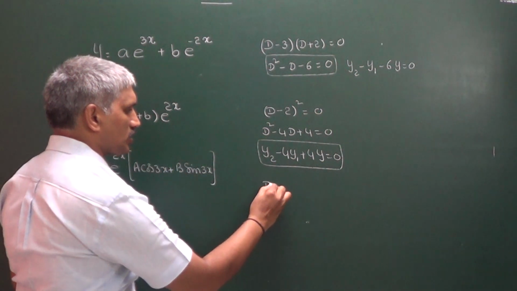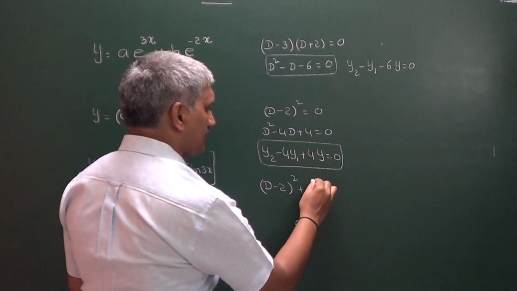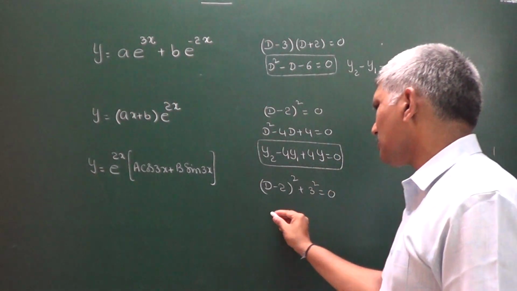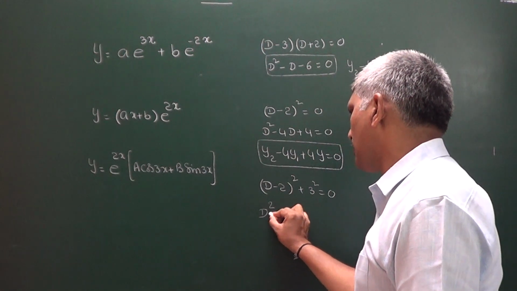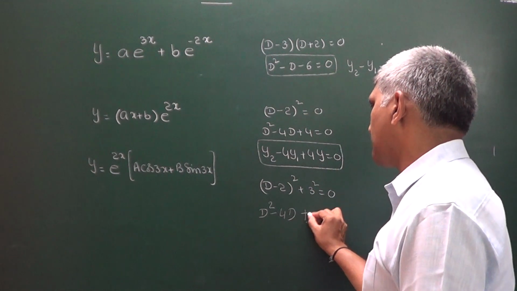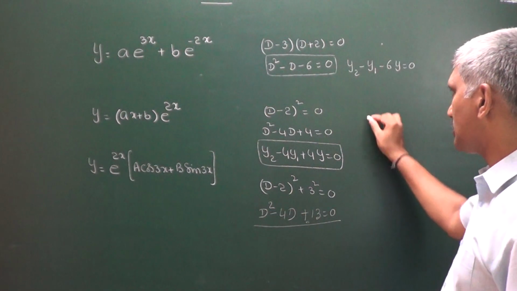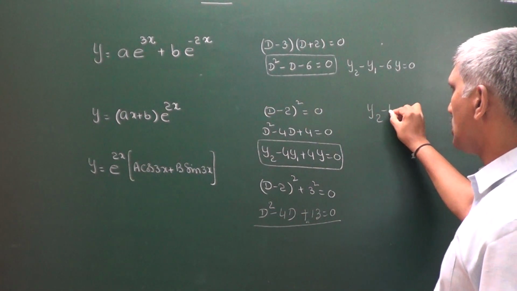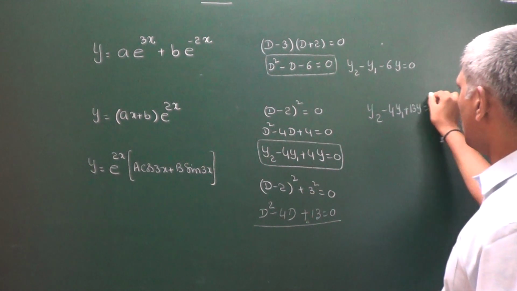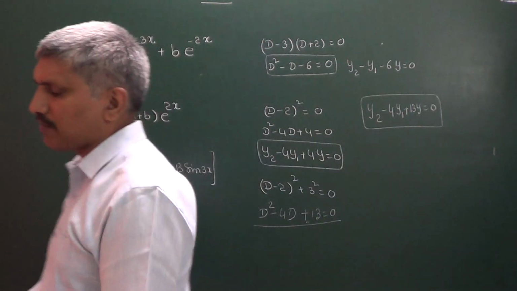As we discussed in the last class, (D - 2)² + 3² = 0. The simplification is D² - 4D + 4 + 9, which gives D² - 4D + 13 = 0. Now the differential equation is y2 - 4y1 + 13y = 0. This is the differential equation for this family of curves.